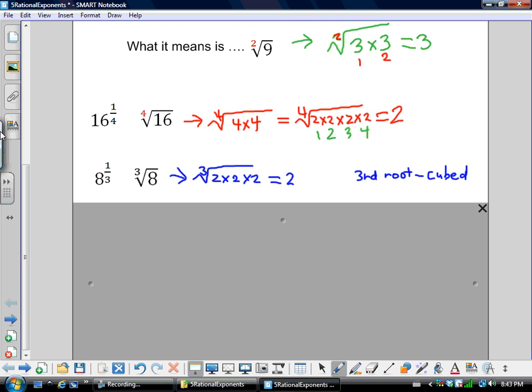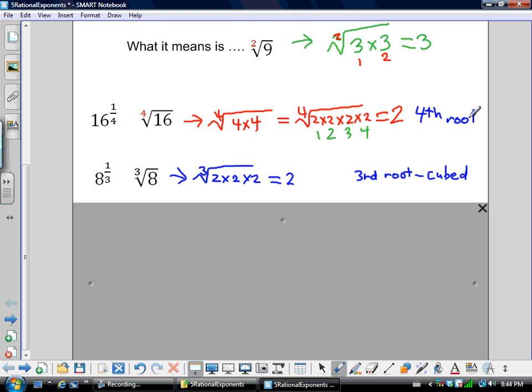And the one where it was 16 to the 1/4, we call it the fourth root. Fourth root.